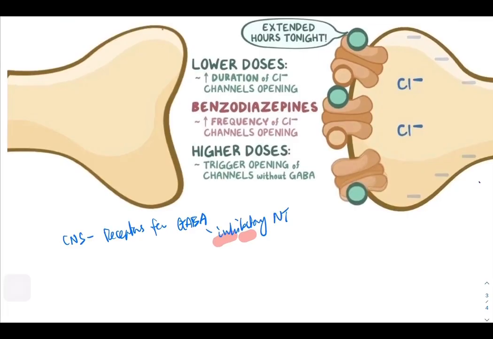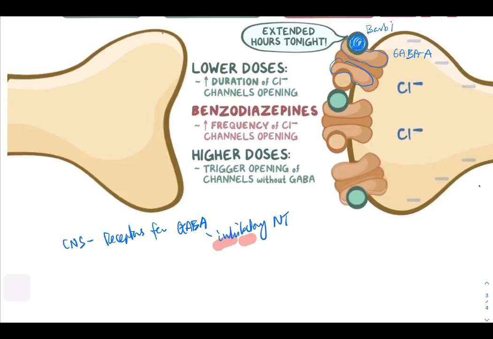Say this green circle here is your barbiturate. When barbiturate binds to the receptors of GABA, and in the brain the GABA receptor is GABA A, because we have A, B, and C, which kind of tell you the location, it keeps the channel open longer.